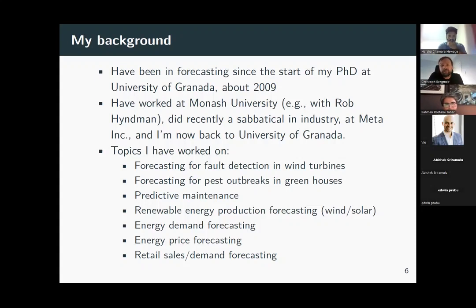Now I'm back at University of Granada doing research in forecasting. Some topics I have worked on would be forecasting for fault detection in wind turbines, for pest outbreaks in greenhouses, for predictive maintenance and renewable energy production forecasting for wind and solar, energy demand forecasting, energy price forecasting, also retail demand forecasting, supply chain type of applications.